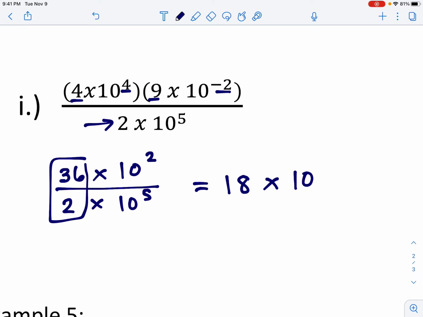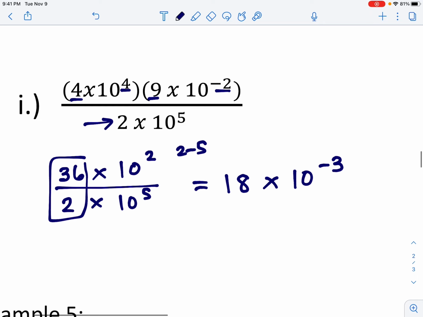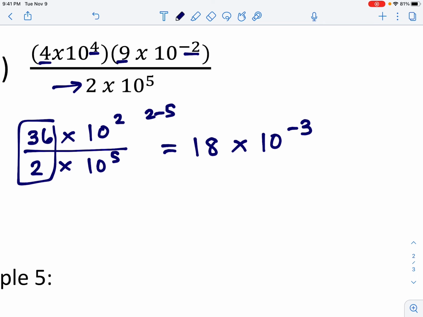So 10 to the 2 minus 5, which is negative 3. So we have 10 to the negative third power. Now we're going to change it to scientific notation. 18, we're going to have to move back 1. So it's 1.8. And we add 1. So back 1 adds 1 times 10 to the negative 2 power.